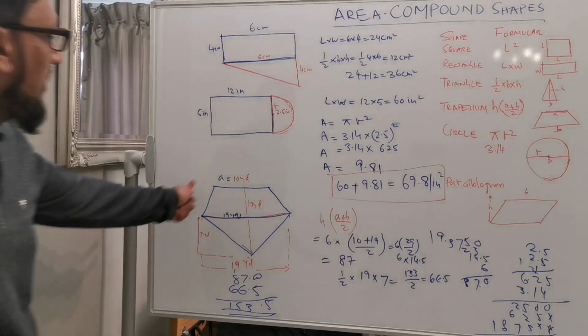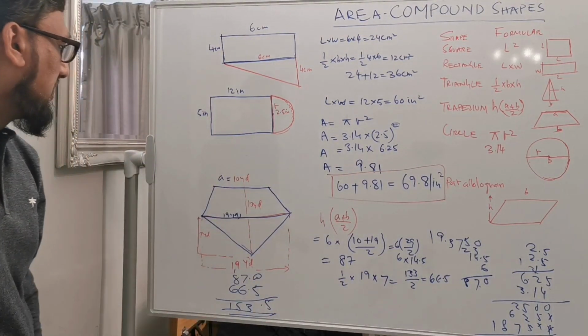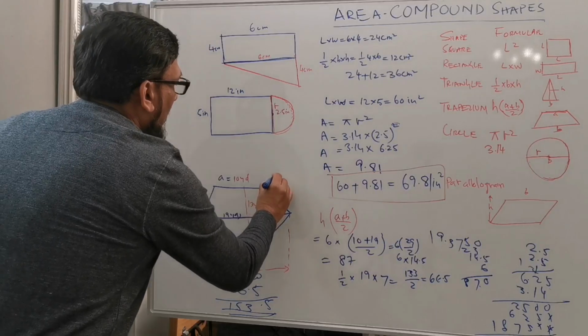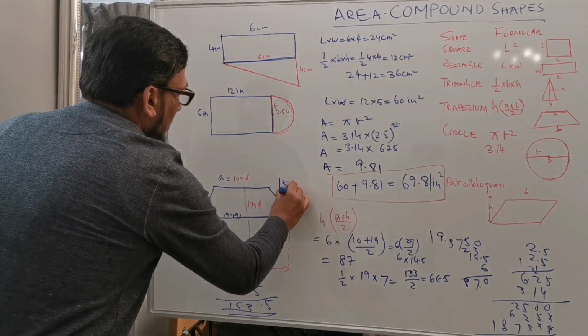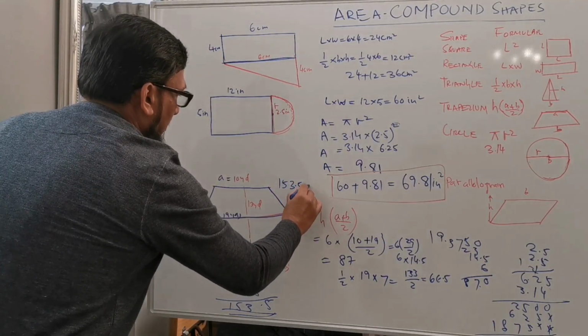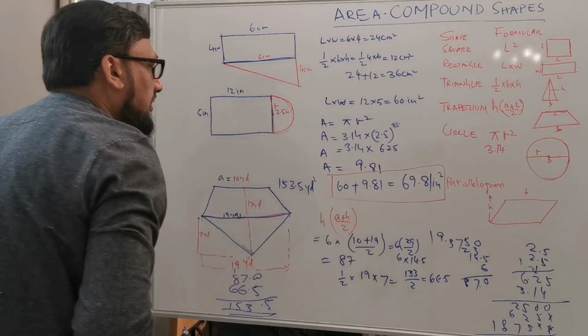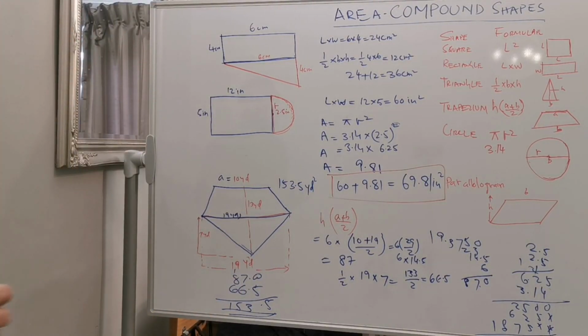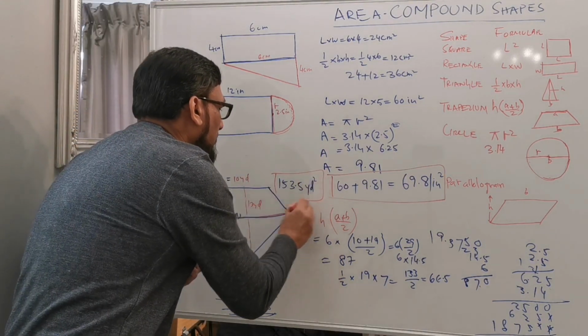So the total area for this shape is 153.5 yard square. So this is our third example for the compound shape.